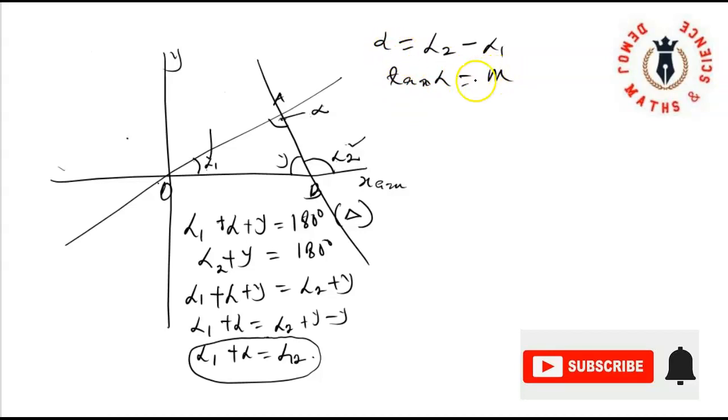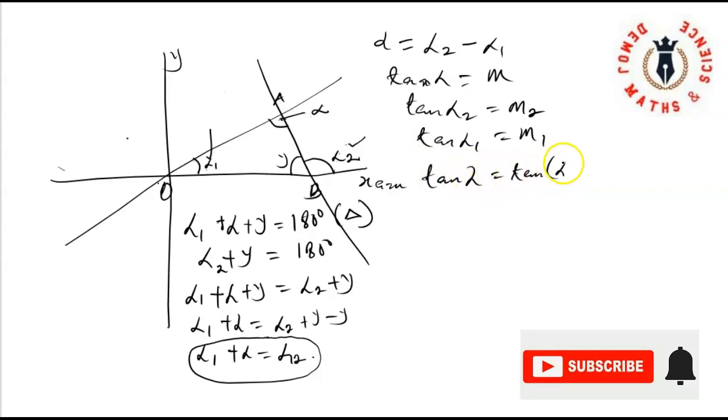So the tan of alpha 2, which is alpha 2 here, is equal to m2. The tan of alpha 1 is equal to m1. Now from trigonometry, remember that if alpha is equal to alpha 2 minus alpha 1, then the tan of alpha is equal to the tan of alpha 2 minus alpha 1.